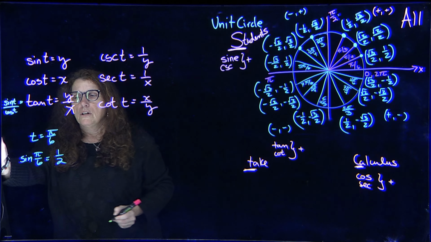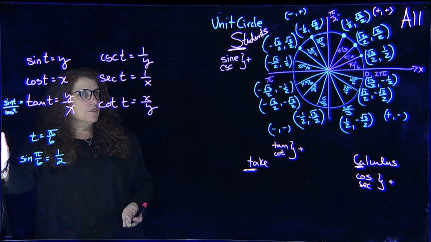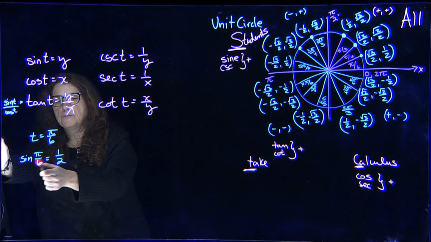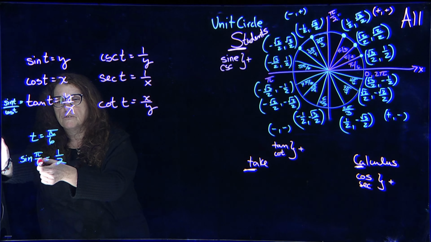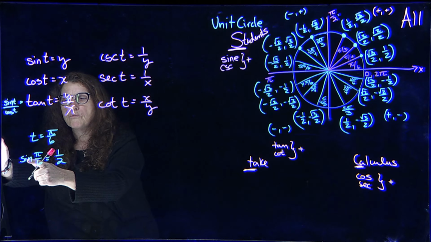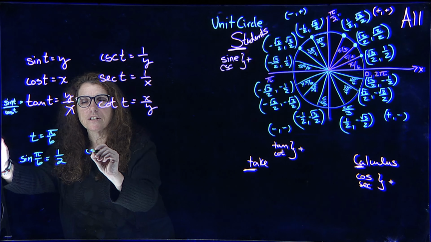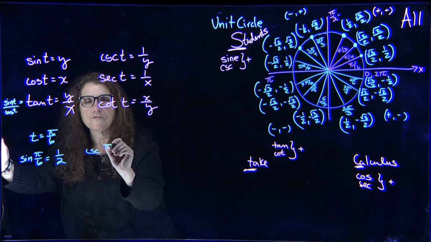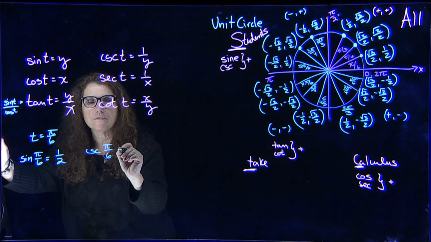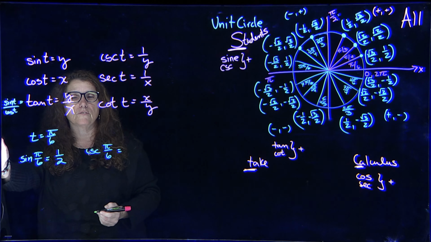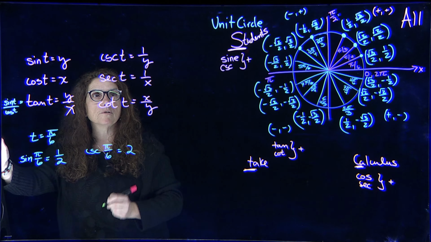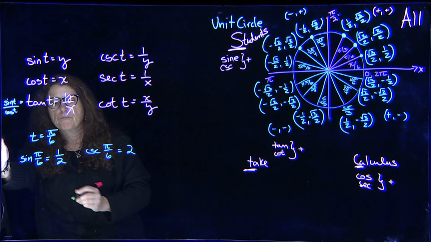Positive, of course, because in quadrant 1 all trig functions are positive. So once we have the sine, we can automatically also find the cosecant of pi over 6, which is the reciprocal of 1/2, 2 over 1, or just 2.